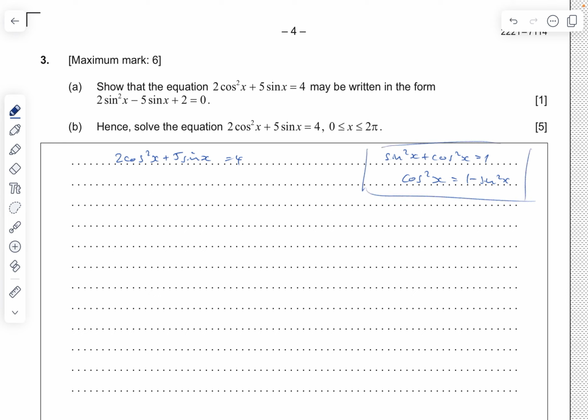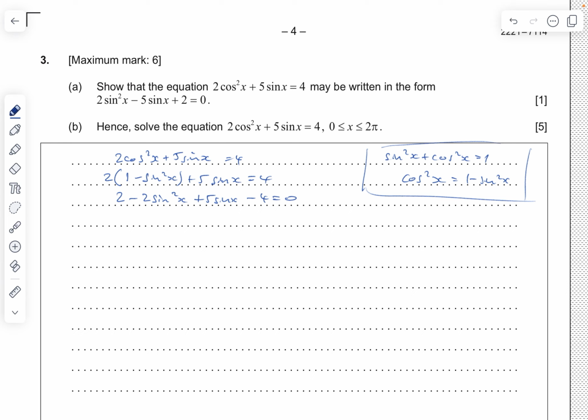So that means I can write this as 2 brackets 1 subtract sine squared x plus 5 sine x equals 4. Expand the brackets: 2 subtract 2 sine squared x plus 5 sine x, and subtract 4 from both sides equals 0.